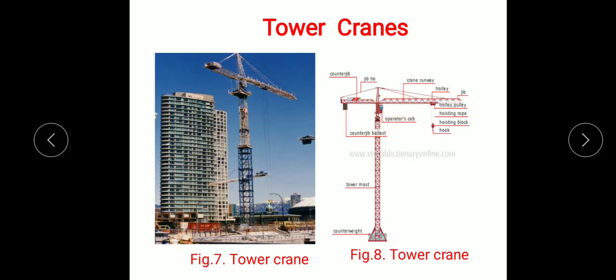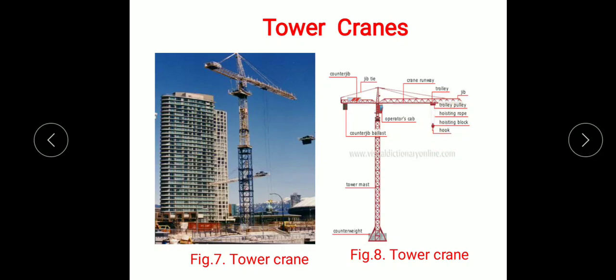This is a counter jib which is provided for counteracting the weight. This is a crane runway. This is a trolley. And here we can see this is a hoisting rope to which a hoisting block is attached, and to this a hook is attached to lift the load.